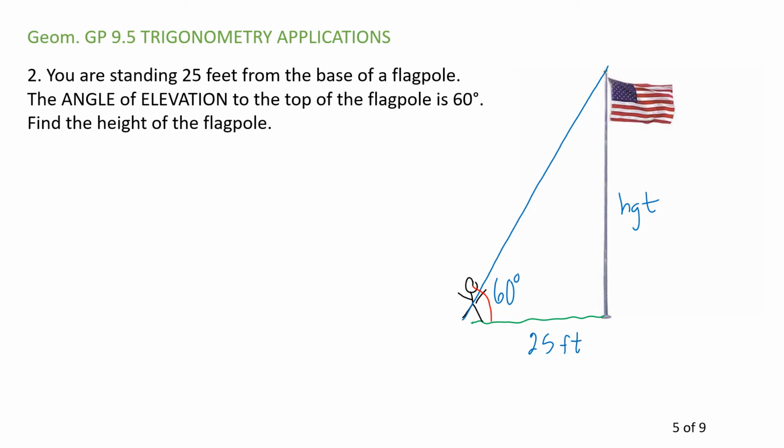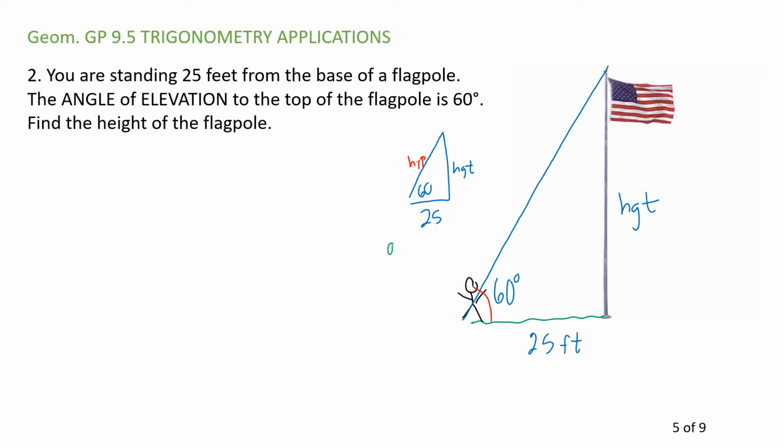I'm going to sketch a triangle. So what I have is, I have 25 here, I have 60, and I'm trying to find the height. The first thing I always like to do is identify the hypotenuse. This is the hypotenuse. I am not going to be using the hypotenuse. So I need to come up with a trig function that does not use the hypotenuse.